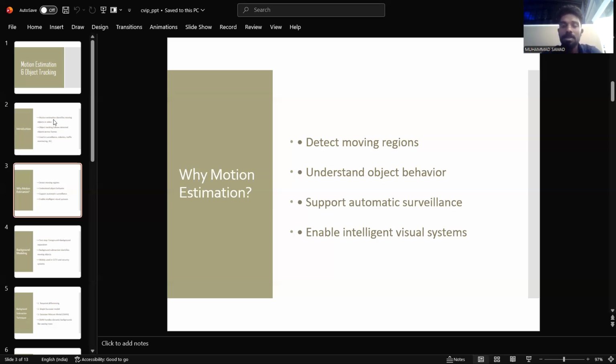This is especially important in surveillance where automatic systems must detect abnormal events without human intervention. It also forms the basis of many intelligent visual systems, enabling machines to interpret scenes in real time. It also supports understanding the object's behavior, etc.